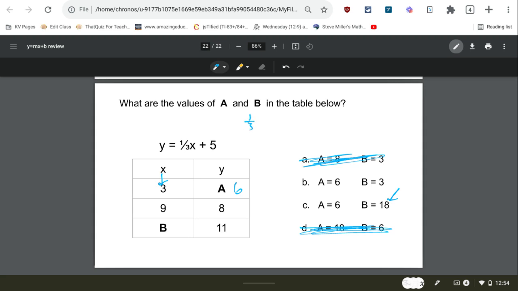So it's 1/3 times some number plus 5, and we're trying to get 11 back for the y value. To solve this, you'd subtract 5 from both sides. So you're going to get 6 is equal to 1/3 x. And then you would multiply by 3 to cancel out the 1/3. That's going to give you 18 is equal to x.